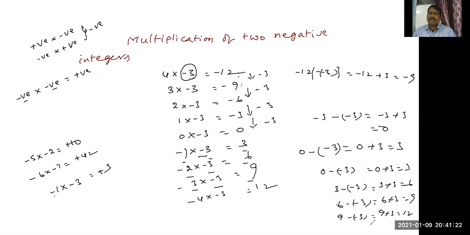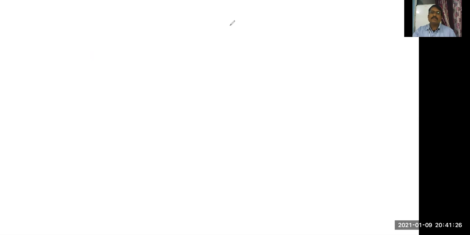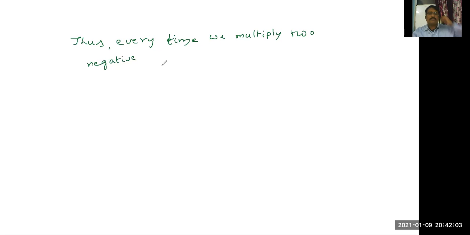So now we can conclude that every time we multiply two negative integers, the product is a positive integer.